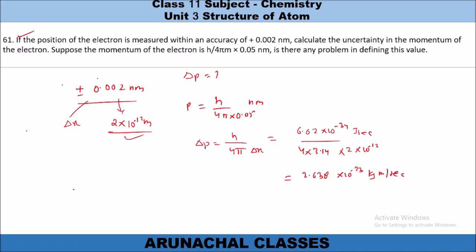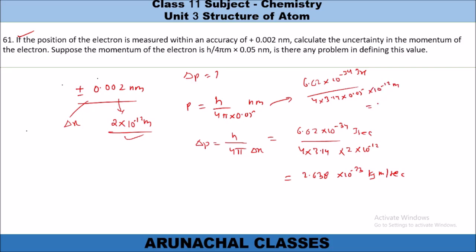Now the momentum of the electron we need to find out, as it is given as h upon 4 pi into 0.05 nanometer. The h value is 6.62 into 10 power minus 34 joule second, divided by 4 into 3.14 into 0.05 multiplied by 10 power minus 12 meter.